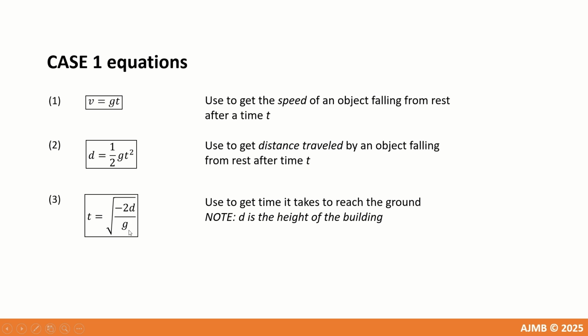And then the product you would divide by 9.8. Whatever the quotient of that division is, which should be positive, you would get the square root of that to get the time in seconds. So again, multiply the height by -2, divide by g, and then get the square root of the quotient.